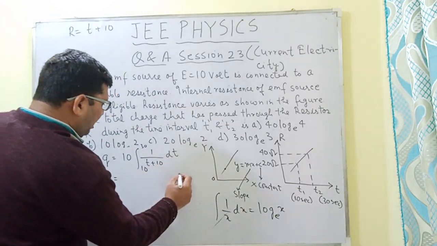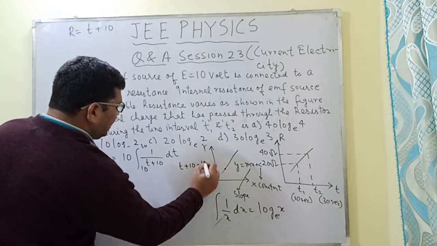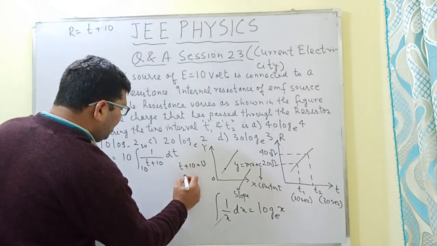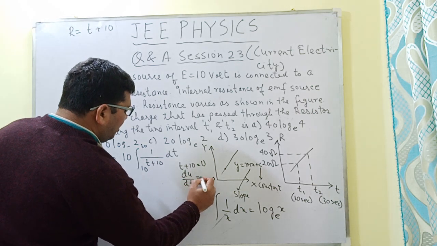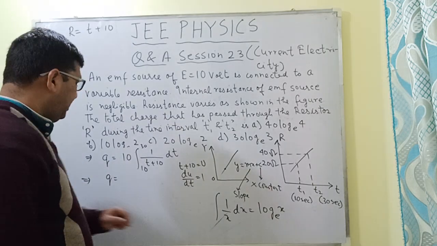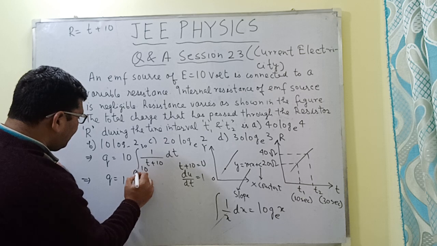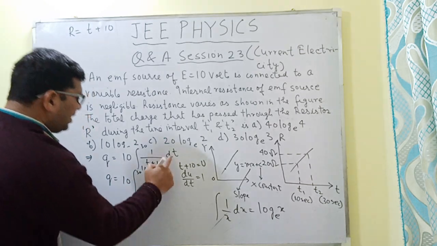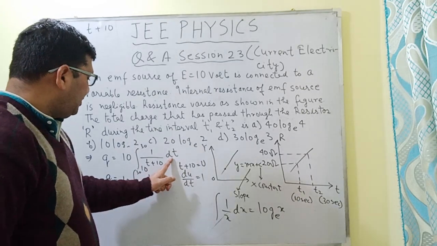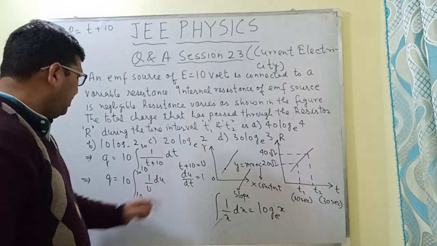But first of all I will be substituting t plus 10 equal to say u. So du upon dt will be equal to 1, or we can say that du is equal to dt. So q equals 10 times the integral from 10 to 30 of 1 by u du, because I have substituted the value of dt as du.